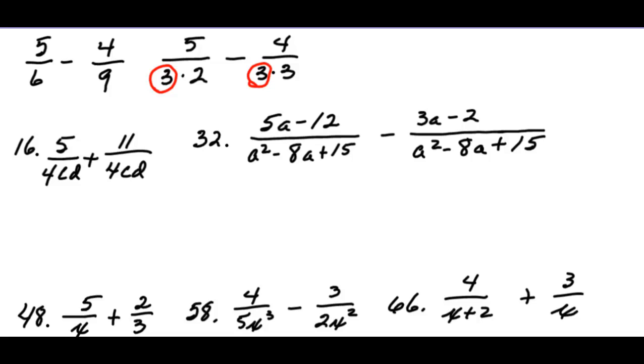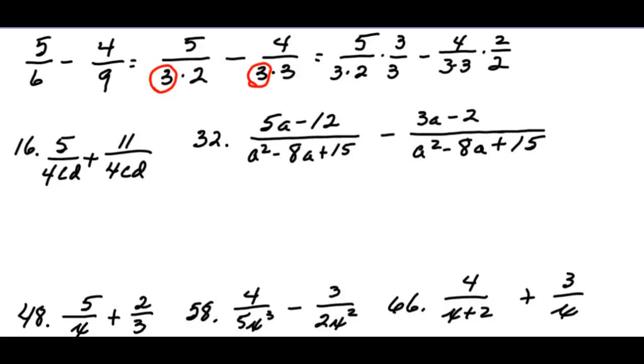So what we do here is we take 5 over 3 times 2 times what's missing, which is 3 over 3. And then we take the second one, 4 over 3 times 3, and we multiply that by the fraction 2 over 2.